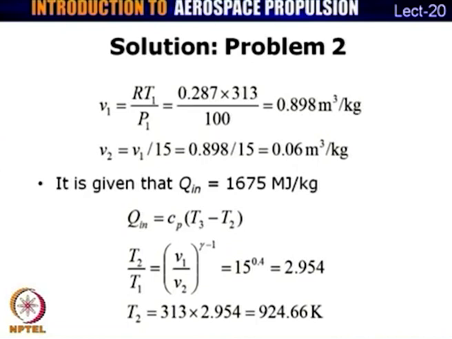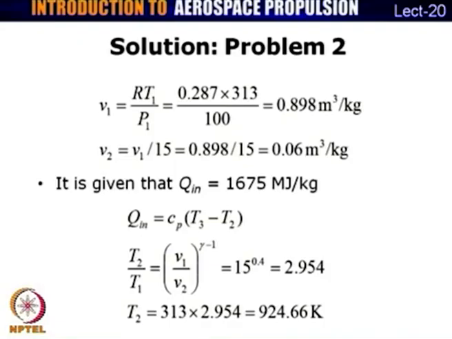So, we need to now find out the temperature at state 2 from an isentropic relation, because process 1 2 is isentropic, and so we can apply isentropic relations for process 1 2. So, T2 by T1 is equal to V1 by V2 raised to gamma minus 1. This is true for an isentropic process, and in this diesel cycle the process 1 2 is isentropic.